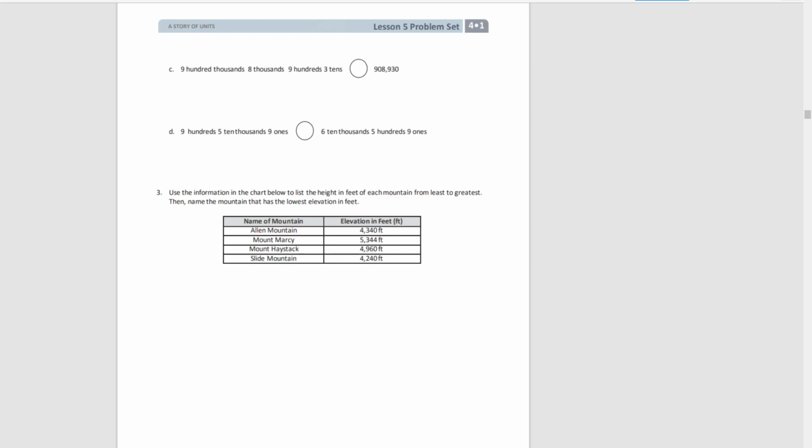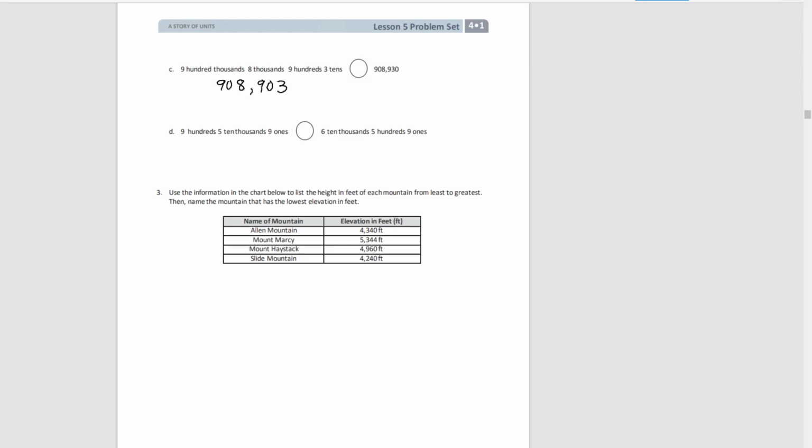Again, one strategy is to rewrite the word form into standard form. We have 908,000s, 903. And so comparing that to the other number in standard form, we see the 100,000s is the same, the 10,000s is the same, the thousands is the same, the hundreds is the same.